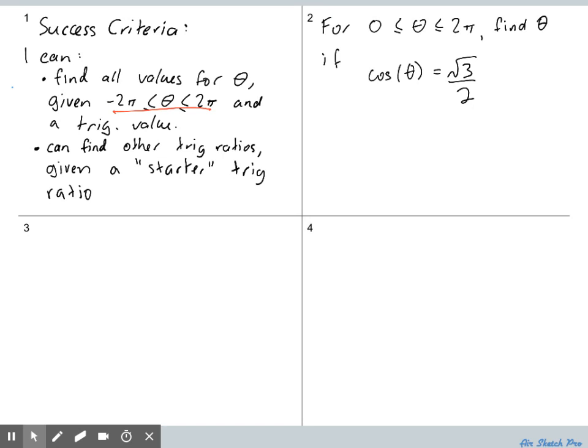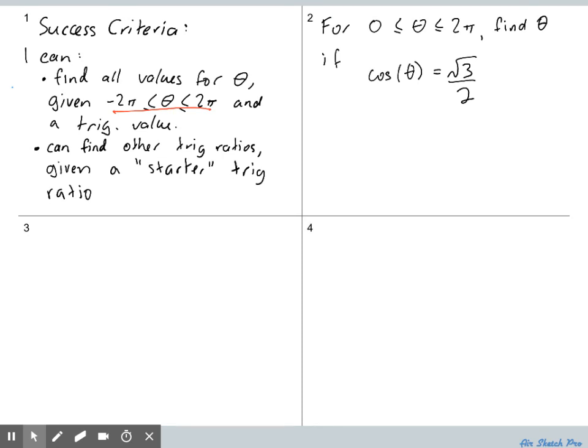Step 1 is find the reference angle. I'm going to go through this on the board, but I'm verbalizing it to try and give you hints one at a time. So the reference angle is the acute first quadrant angle for which cos of that angle is √3 on 2. That's where you look at your table of values and say, ah, yeah, it is that value there.